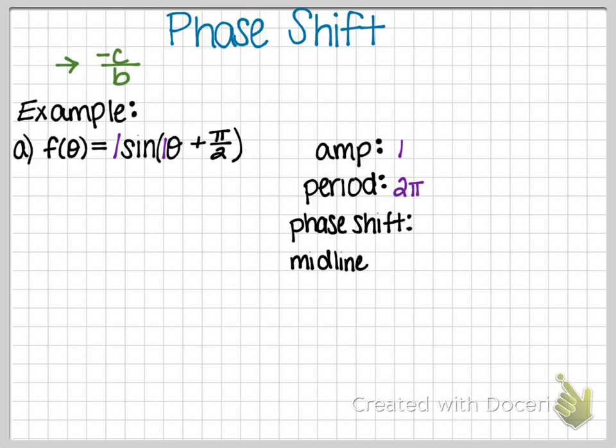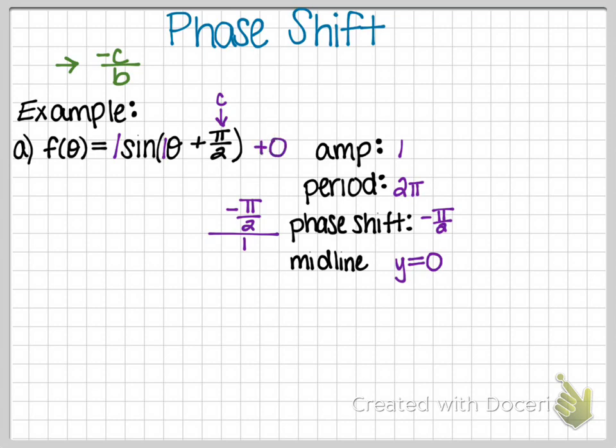Phase shift is going to be the opposite of C over B. So this pi over 2 right here, that's my C. So I'm going to have the opposite of C, negative pi over 2, over my B value, which is 1. So negative pi over 2 divided by 1 is negative pi over 2. And then my midline is going to be at 0, since that's my D value over there.